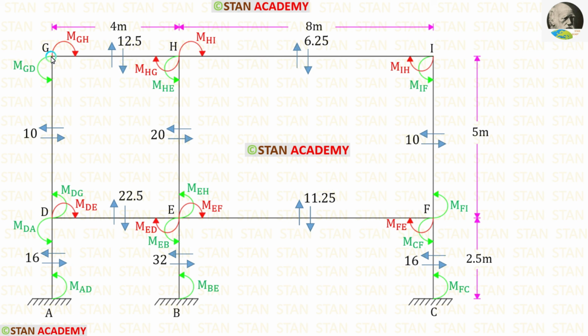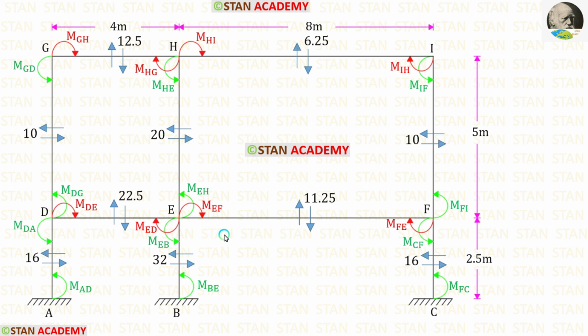Now let us take the member GD. This force is acting in the clockwise direction, so MGD should be acting in the anti-clockwise direction. This force is acting in the clockwise direction, so MDG should be acting in the anti-clockwise direction. In the similar way, we can find the directions of all of the moments.